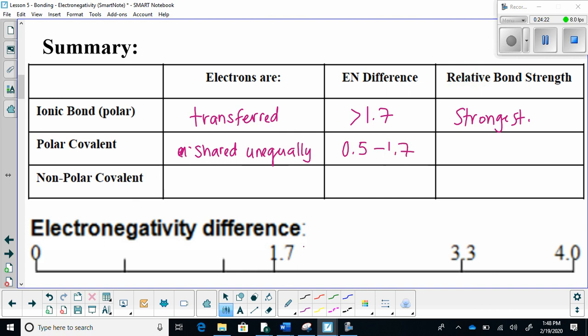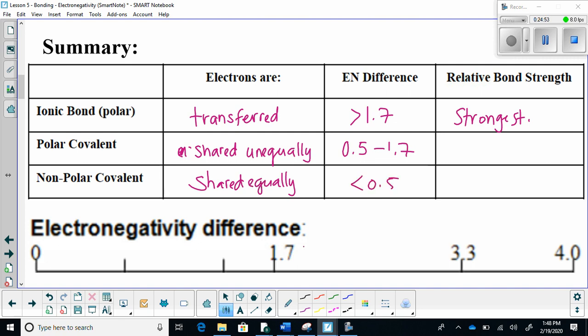Okay? Non-polar covalent. This is equal sharing. Okay? Sharing is caring. This is kindergarten. Everything's perfect in this world. Okay? So shared equally. Okay, because they're sharing so equally, I would say that the relative electronegativity difference for this is smaller than 0.5.